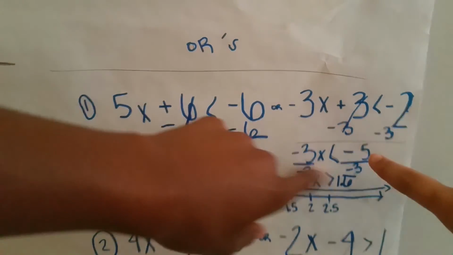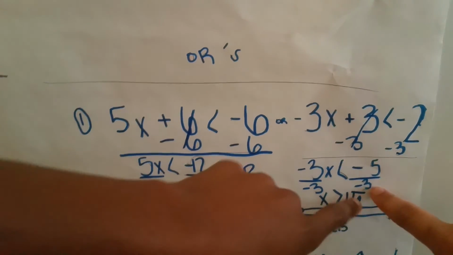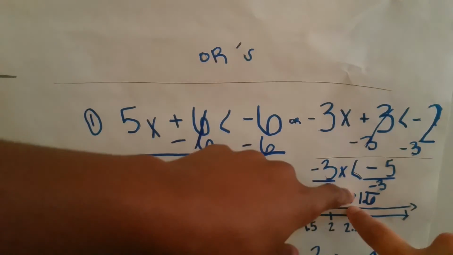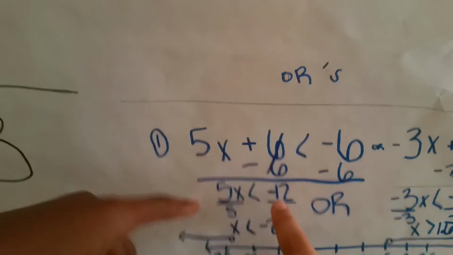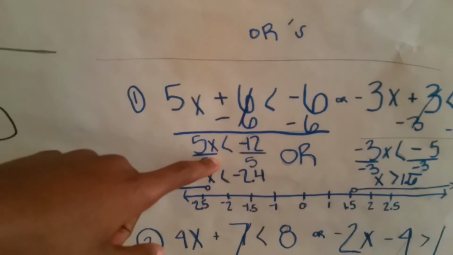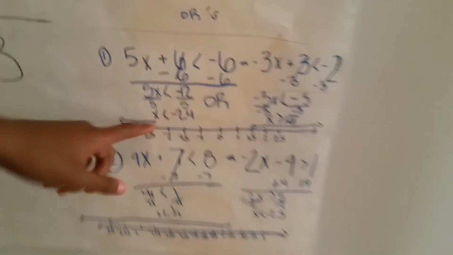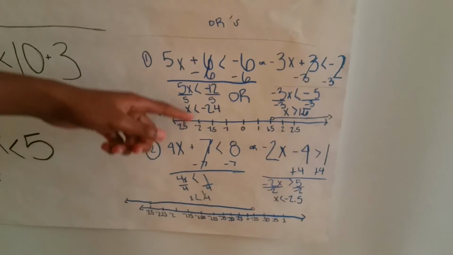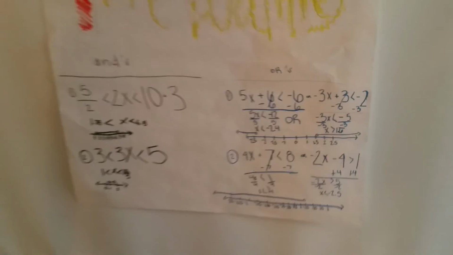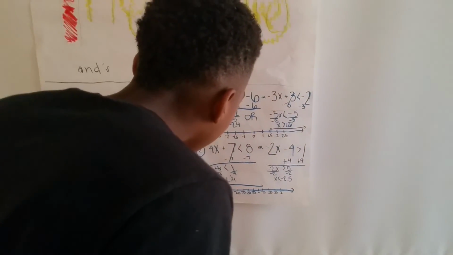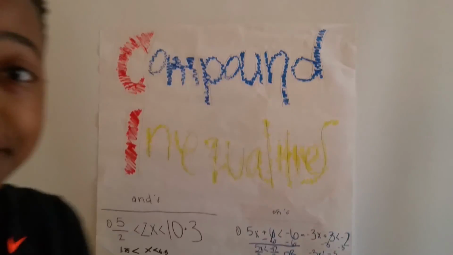Then we divide by negative 3, and we got x is greater than 1.6. And over here, we subtracted 6, then divided by 5, and we got x is less than negative 2.4. Fantastic.